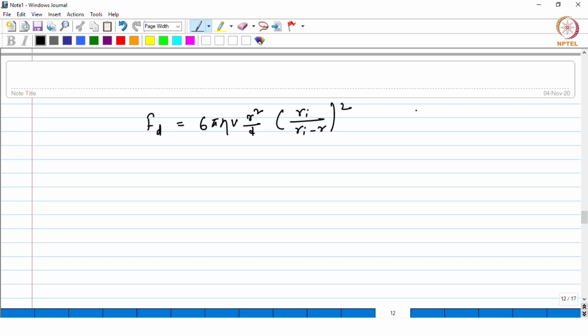And we have seen before that this one is equal to alpha, and therefore Fd for a non-planar interface is given as this, which primarily arises due to the flow at the interface behind the particle.